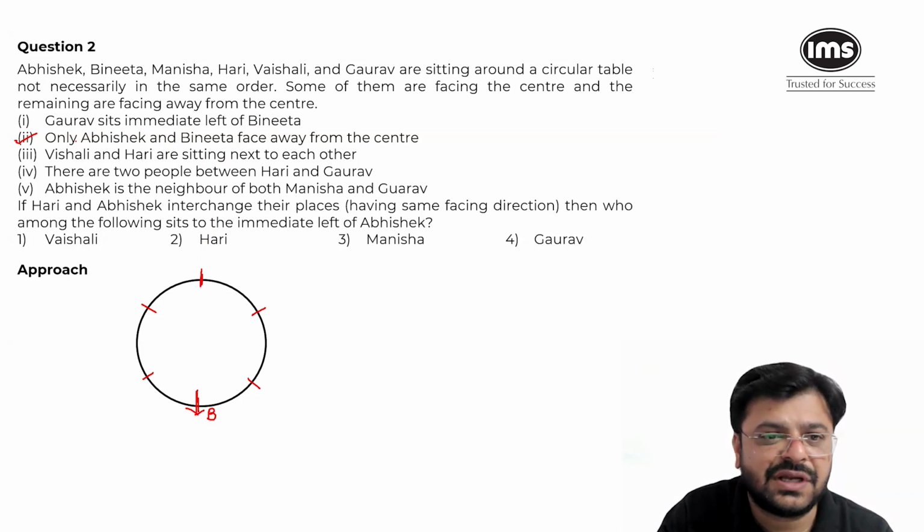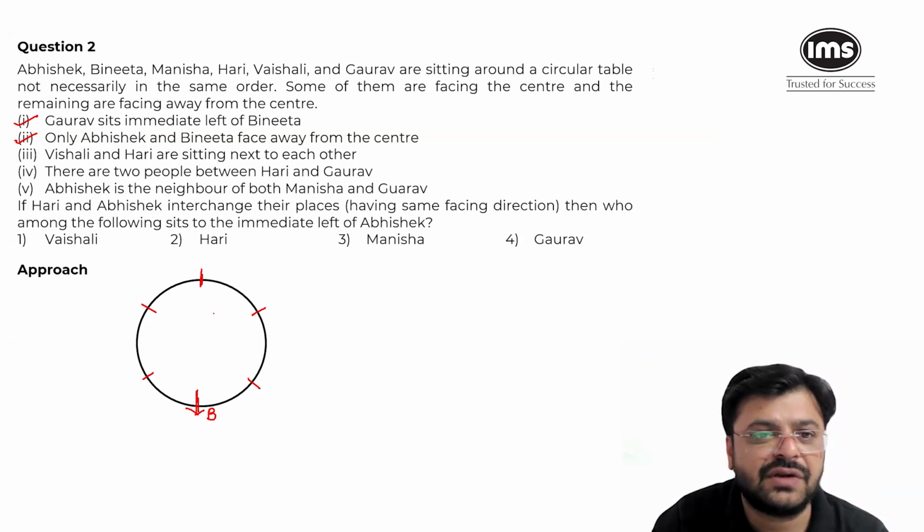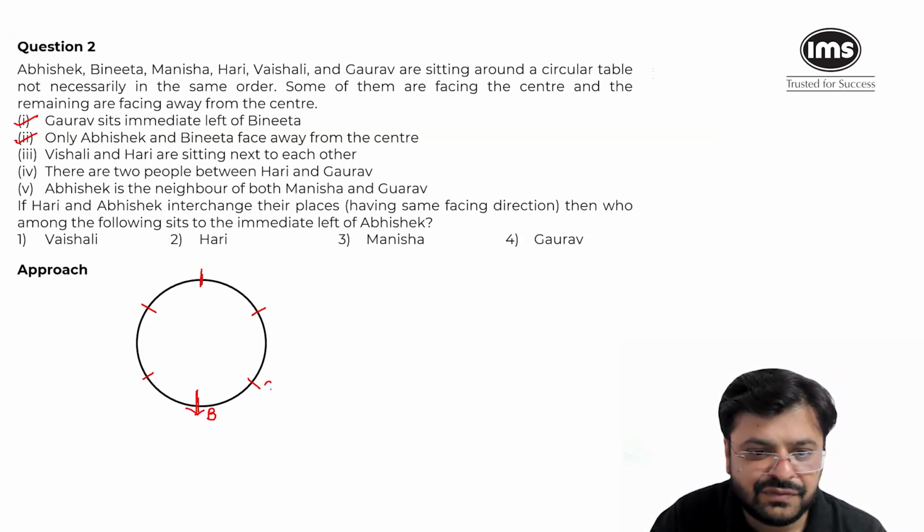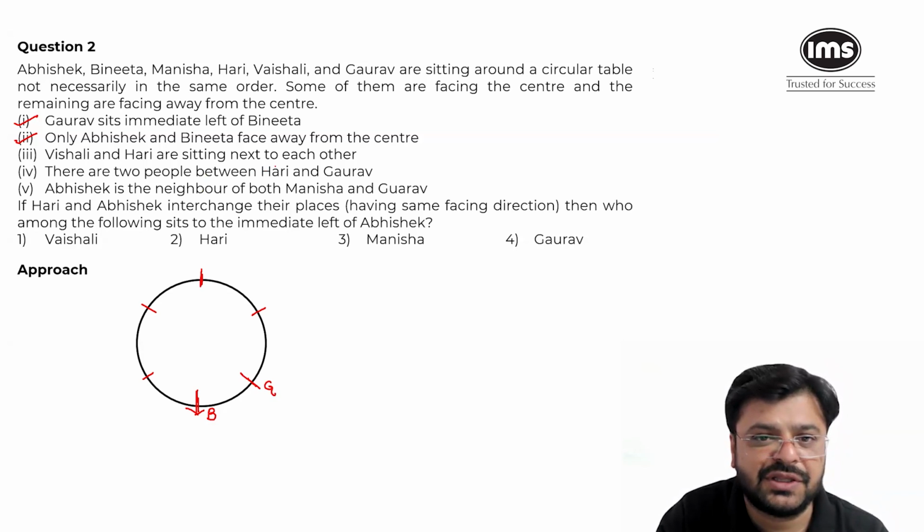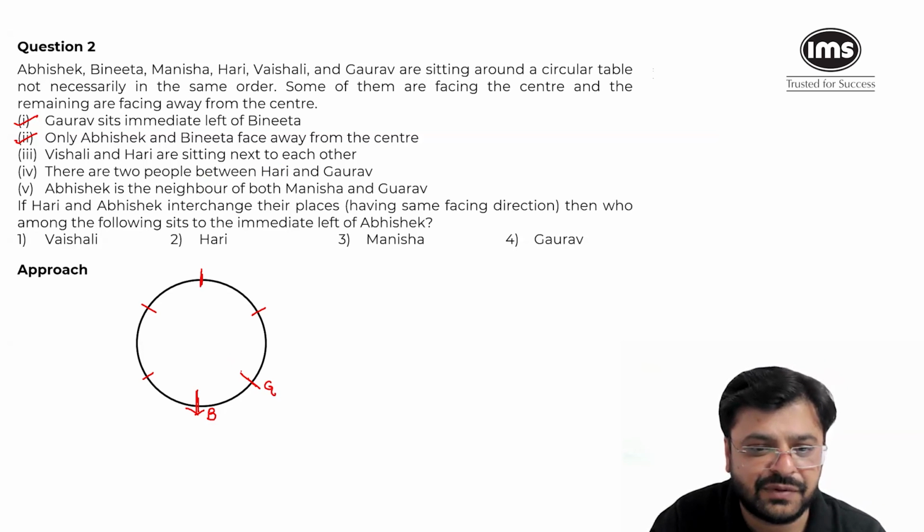The next information that we can use is Gaurav sits immediate left of Vinita. The immediate left of Vinita in this case would be anti-clockwise. So Gaurav is sitting at this position. And since Abhishek and Vinita are the only people facing away, that means Gaurav is facing center.